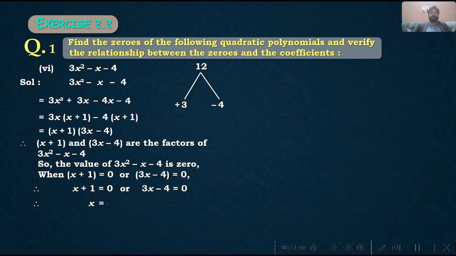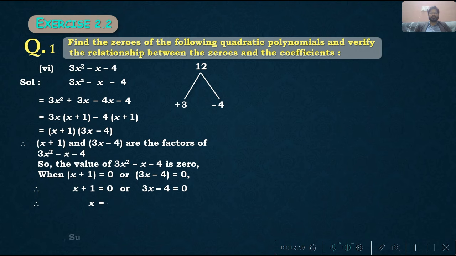So these are the zeros of the polynomial 3x squared minus x minus 4. Now, sum of zeros: minus 1 plus 4 by 3, that is minus 3 plus 4 by 3, 1 by 3.